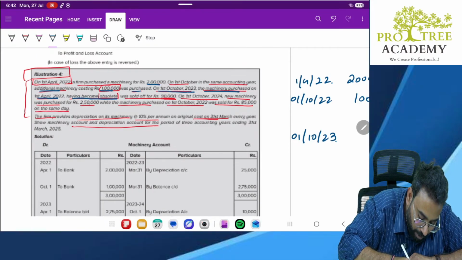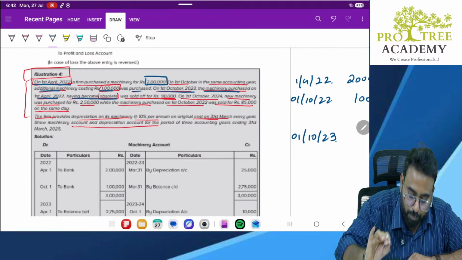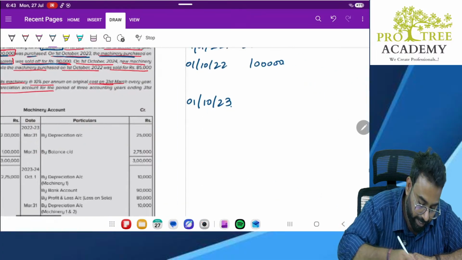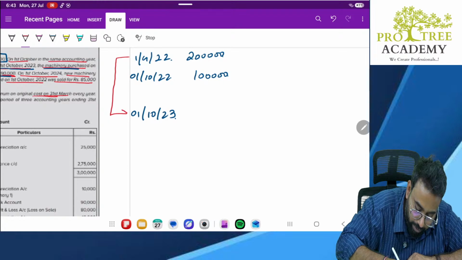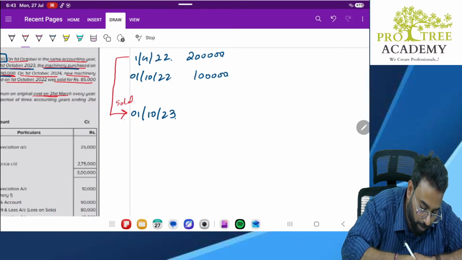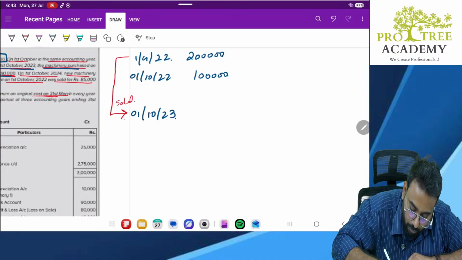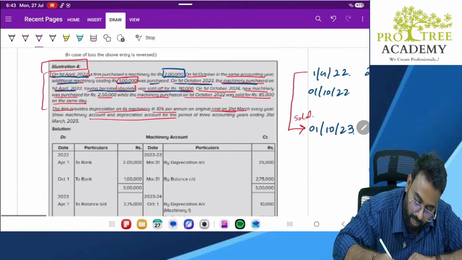That means the machinery which was purchased here had become obsolete, and this machinery is sold on 1st October 2023 for 90,000 rupees. Clear? Okay.